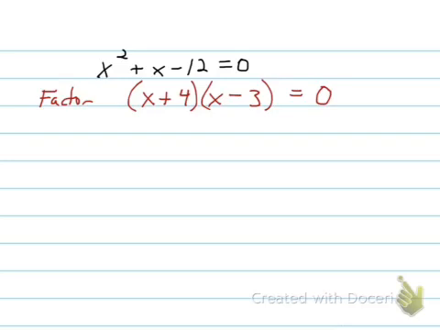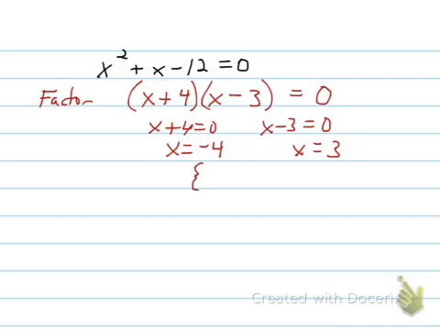So we would have x plus 4 equals 0, or x minus 3 would have to equal 0. Solve this side. That means x is negative 4, x is 3. So your solution set would be negative 4, 3.